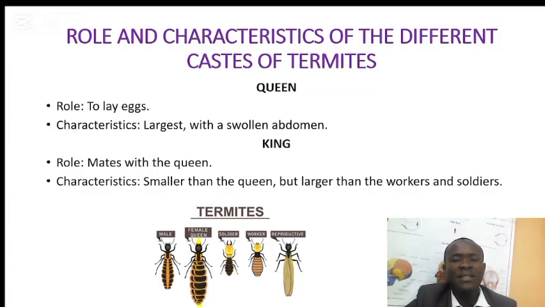But in the case in which you have to name it now as class Insecta and you are asked to give reasons, just observe that when we were giving reasons to justify phylum Arthropoda, we said their body is segmented. We don't tell them how many segments it is having. Just say their body is segmented. If you say they have three body segments, not all arthropods have three body segments. It is wrong.